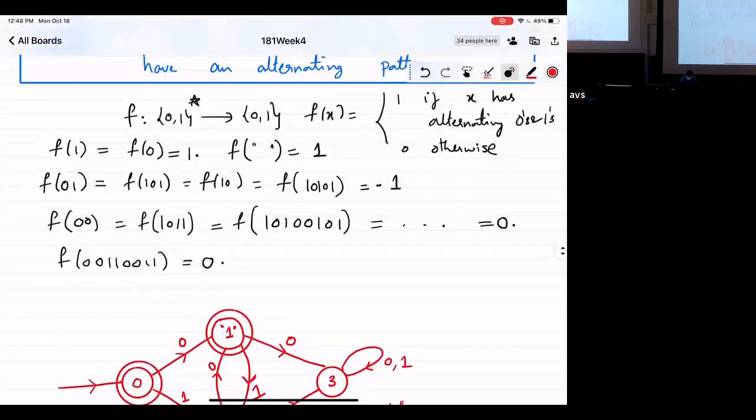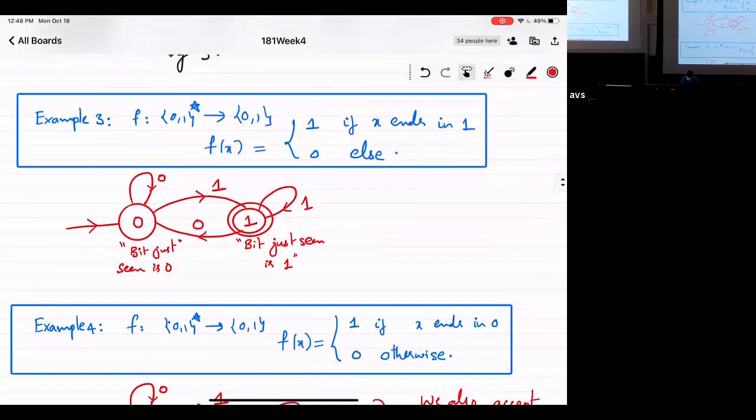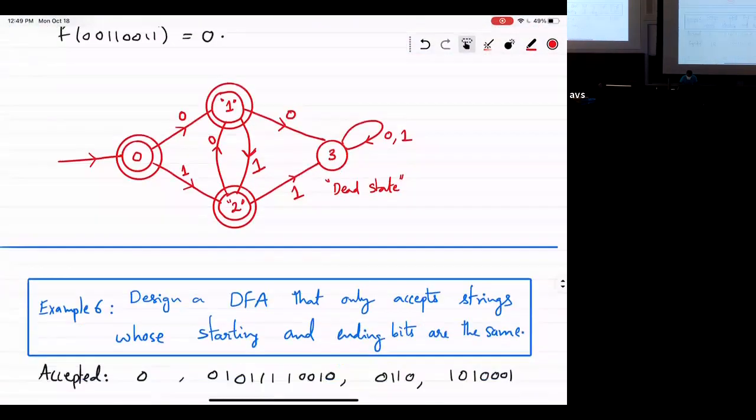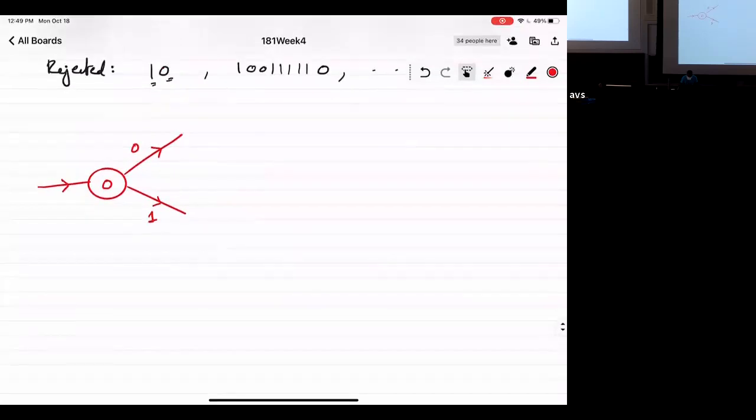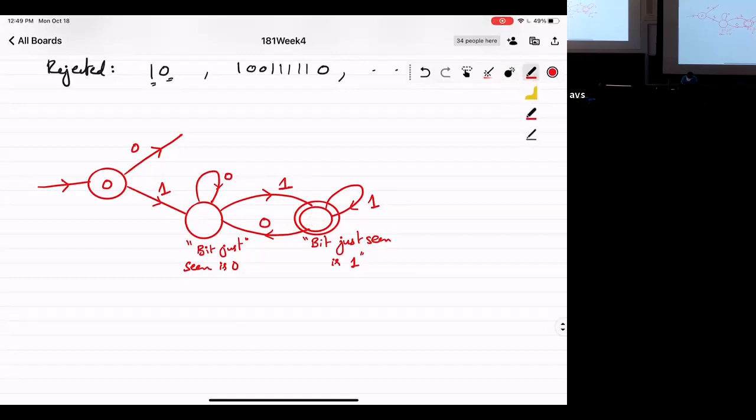All right, I see a 1, I end up here. I call this state 1, this state 2.